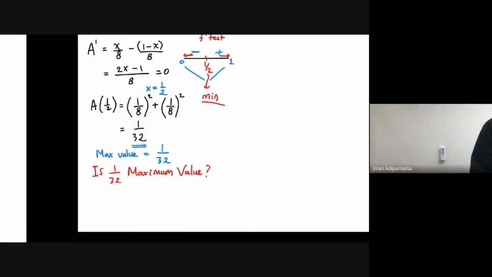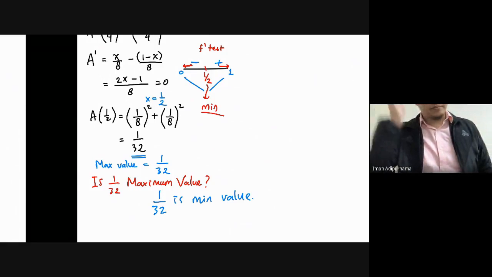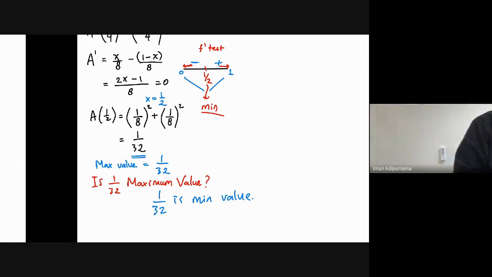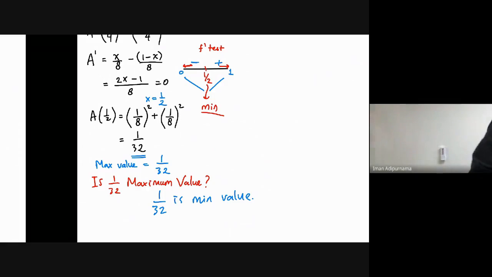So this is 1 over 32 is the minimum value. Okay, any questions?